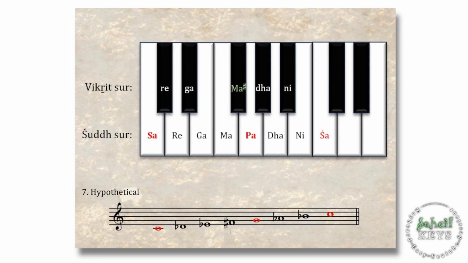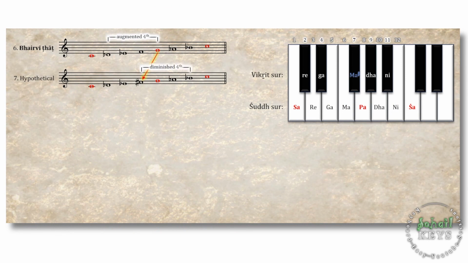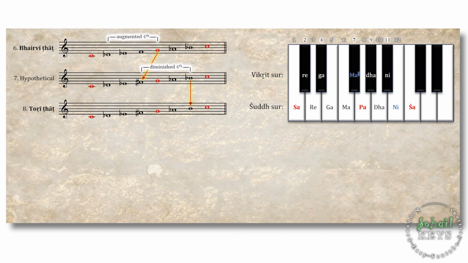As a result of this enharmonic change, the tritone irregularity of the 6 serial ṭhāṭs now becomes a diminished 4th. A diminished 4th has an interval of 2 whole steps. This can be corrected by raising the upper note a semitone, where 2 extensions beyond Bhairavi and Kalyan meet.